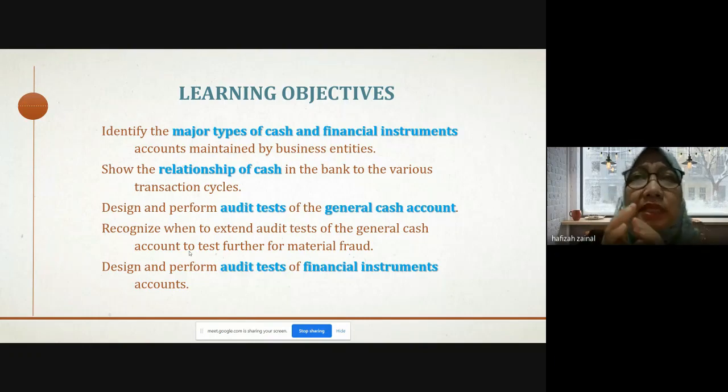When we do the test, our test is actually to test whether it fulfills the management assertions or audit objectives stipulated for the financial position, meaning that we want to ensure that whatever item appears on the financial position is accurate, properly valued, complete, has been recorded completely, and all belongs to the company, and so on. So it actually follows the same audit objectives as what we learned in other cycles before.